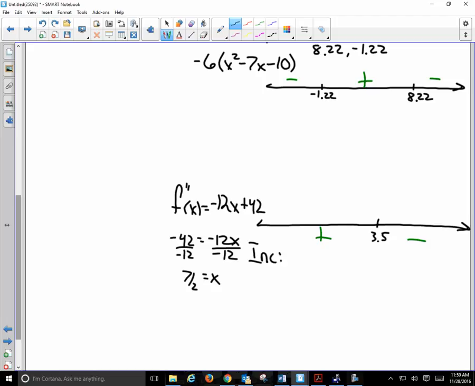Increasing, give me an interval. Awesome. Decreasing, give me an interval. Union with.